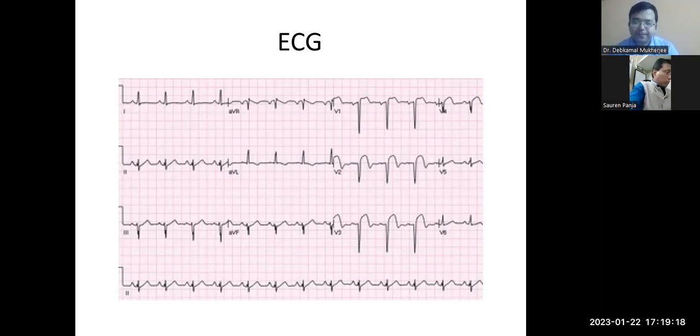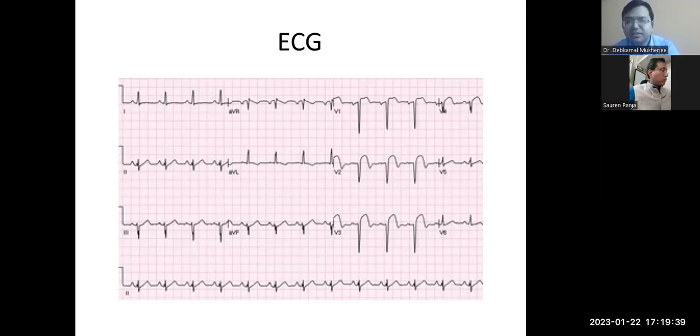Yes. Then one question here is, did you do right-sided leads? For this patient, we didn't do right-sided leads because right-sided AMI is usually associated with inferior wall involvement, or RCA involvement.